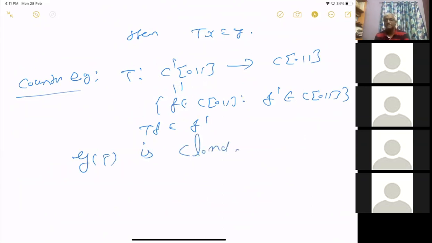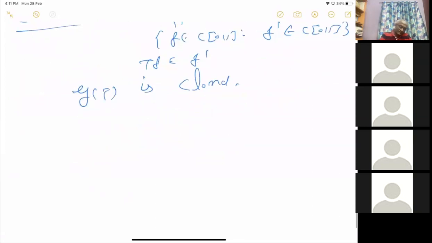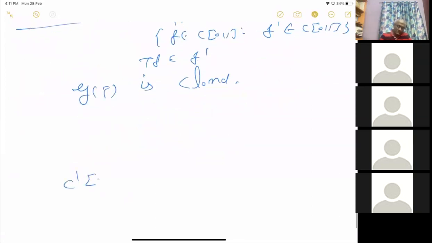The C1[0,1], which is contained in C[0,1], is not a Banach space. This space of differentiable functions is not a Banach space with respect to the uniform norm. It is a Banach space with respect to some other norm. You can define a different norm like this: the sup norm of f plus the sup norm of f prime, and it will be a Banach space with respect to this norm.